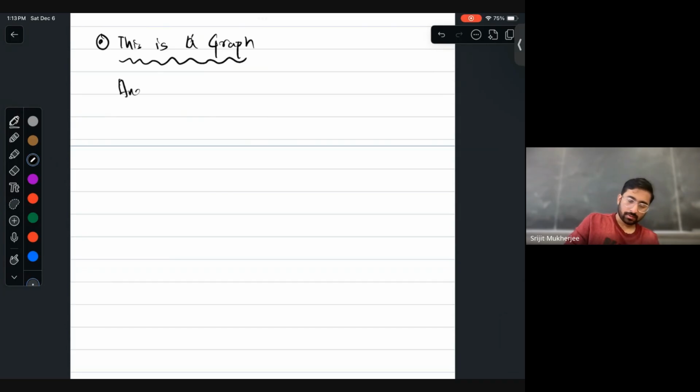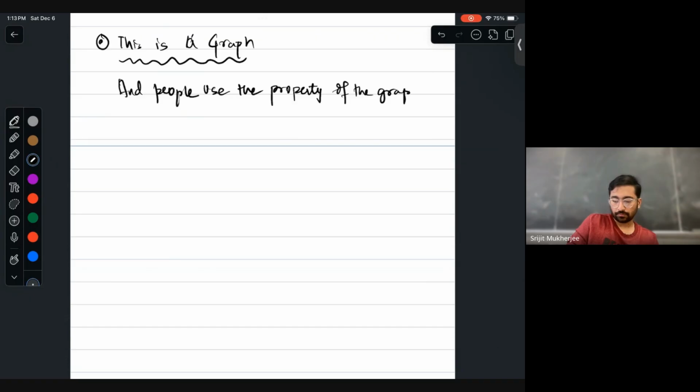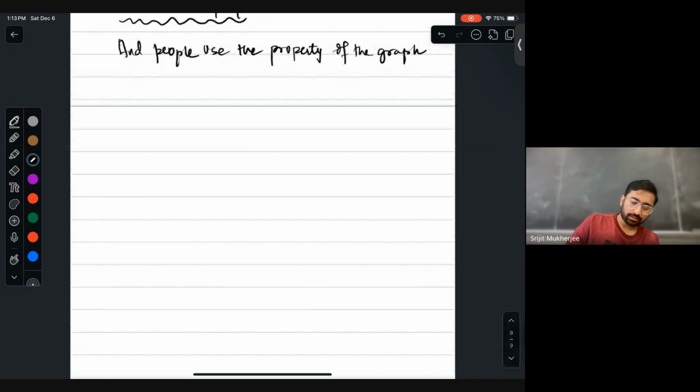And people use the property of the graph to compute. For example, the idea is this graph formation.